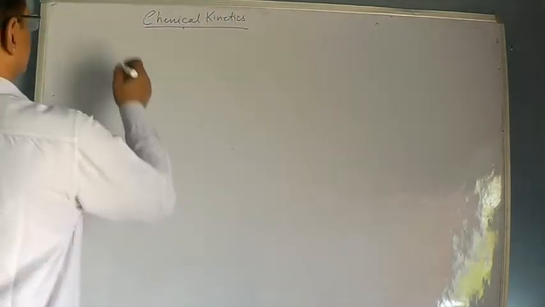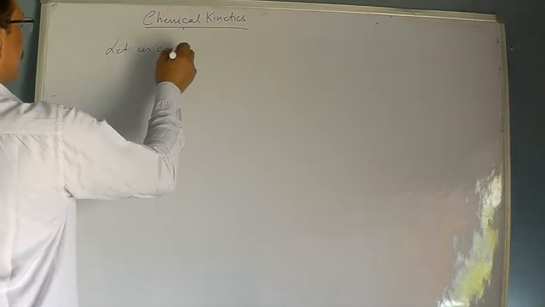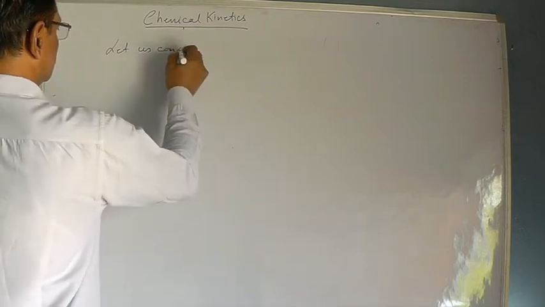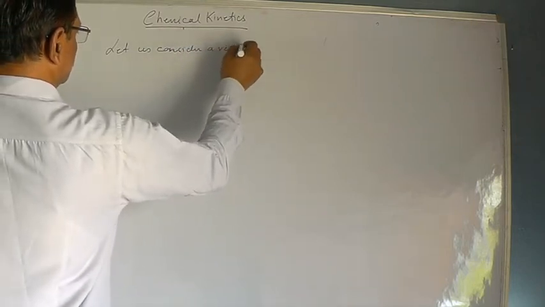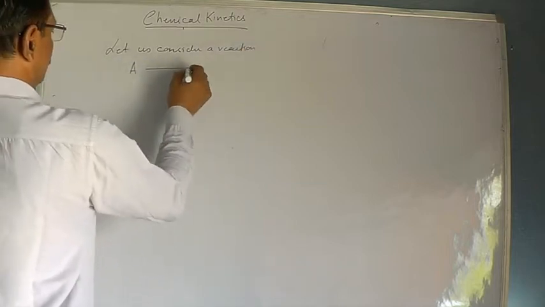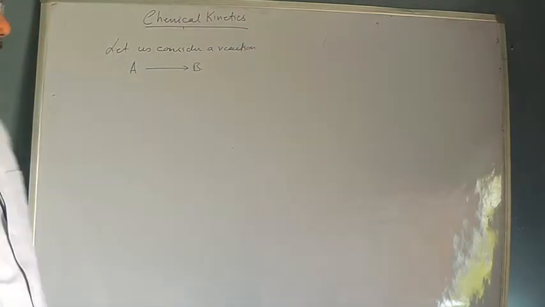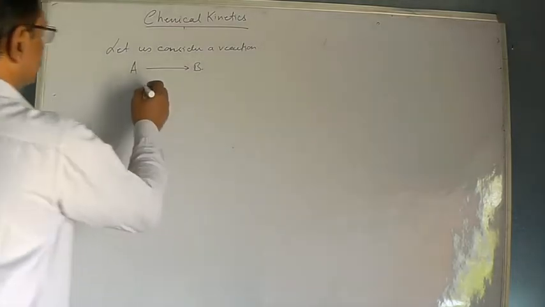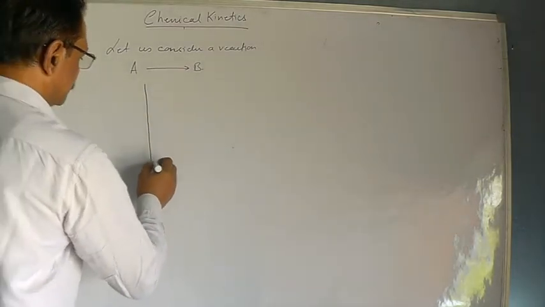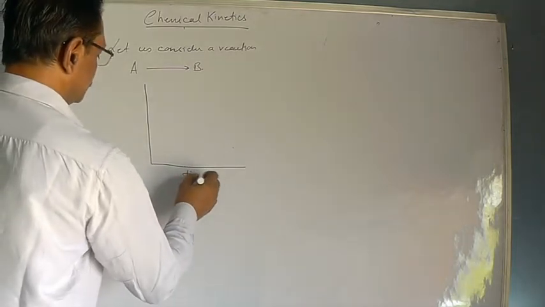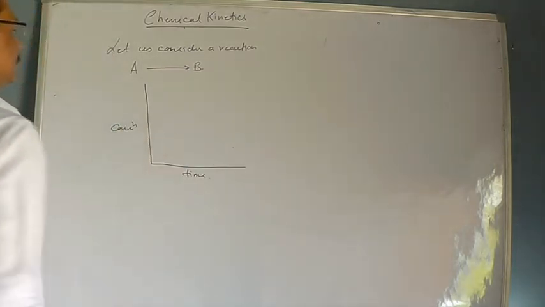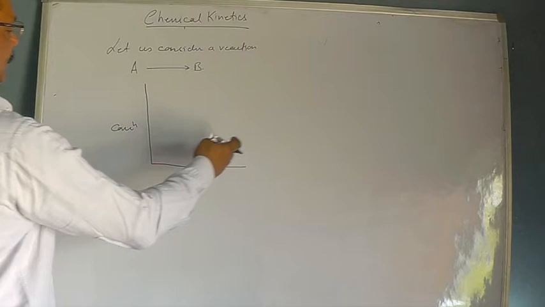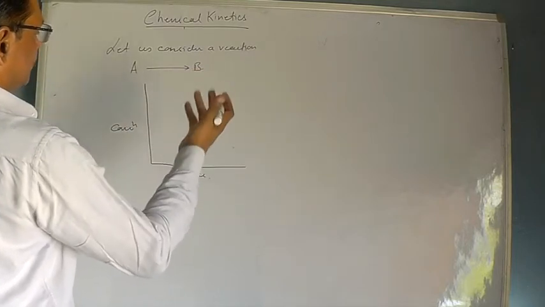Class, let us consider a reaction. Reaction is A giving B. A is the reactant and B is the product, and hence if we draw a graph of concentration with respect to time, we find that the concentration of A goes on decreasing with respect to time because A is a reactant that is going to be converted into product.